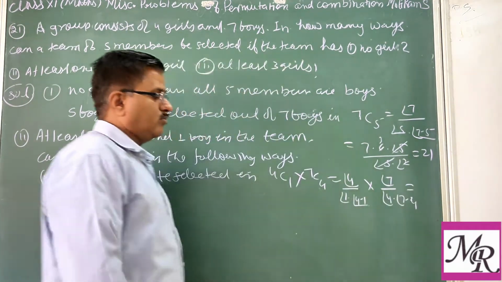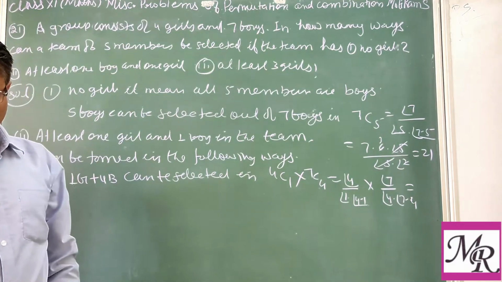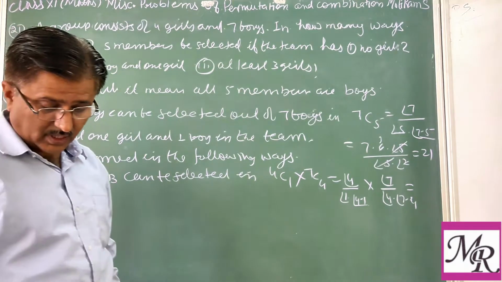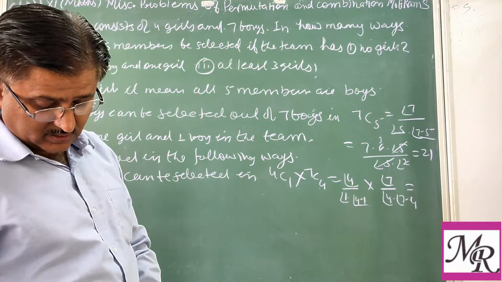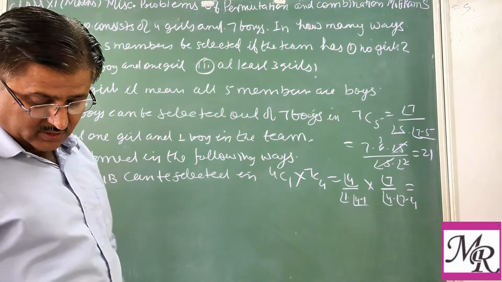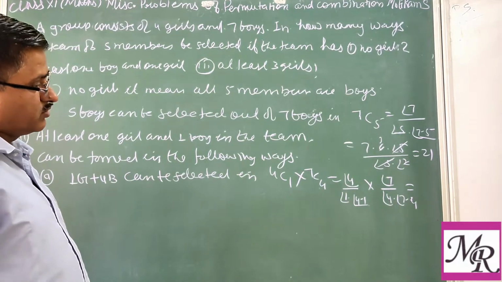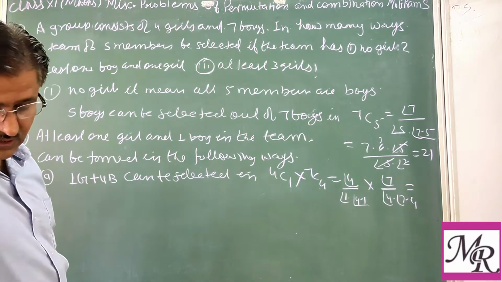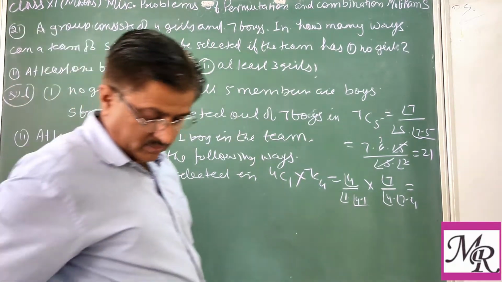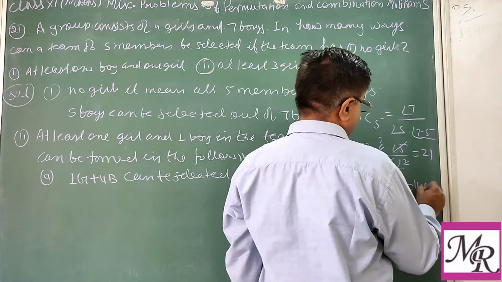You can solve this. 4C1 is 4 and 7C4 is 35, so the value will be 140. Solve this, that will be 140. 7C4 into 4C1 is 140. You can simplify this.